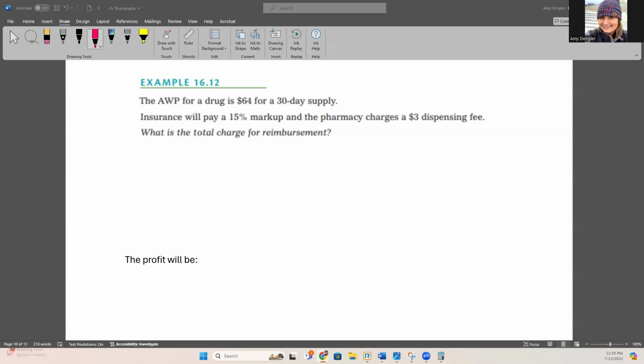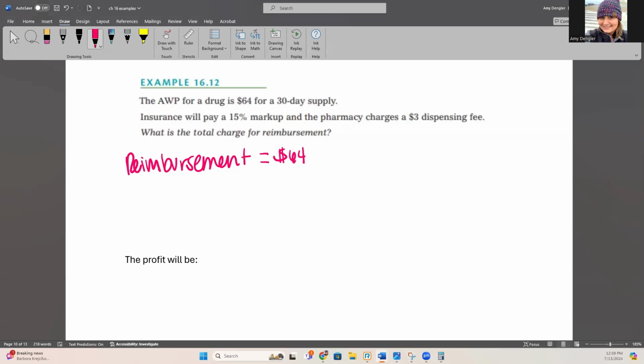Example 16.12, the AWP for a drug is $64 for a 30-day supply. Insurance will pay a 15% markup and the pharmacy charges a $3 dispensing fee. What is the total charge for reimbursement? All right, so reimbursement. That is going to be the AWP of the drug, which was $64.